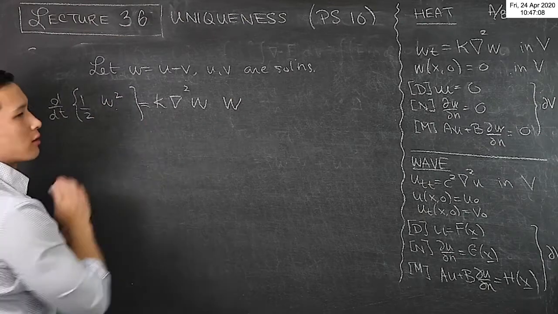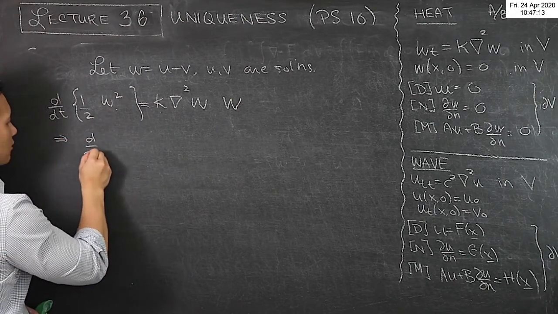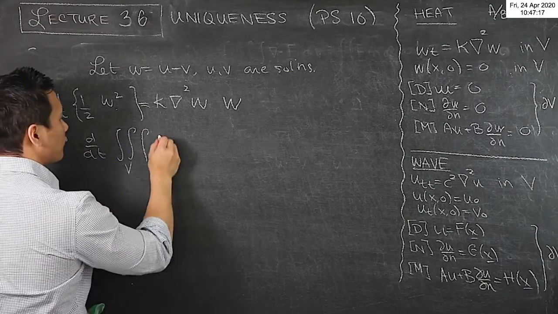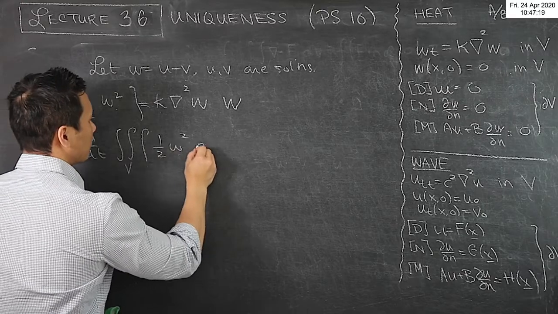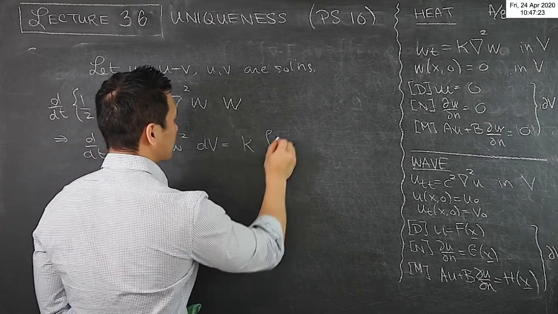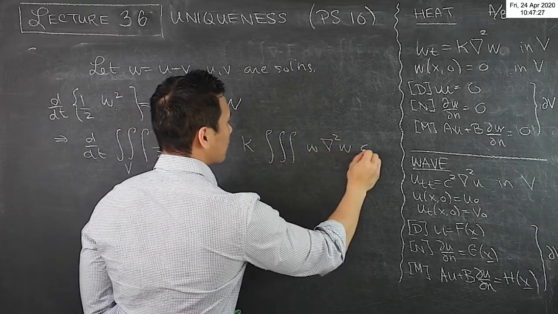And then you integrate over the volume. So now I have d/dt of the integral over the volume of 1/2 W squared is equal to kappa times the integral of W Laplacian W dV.